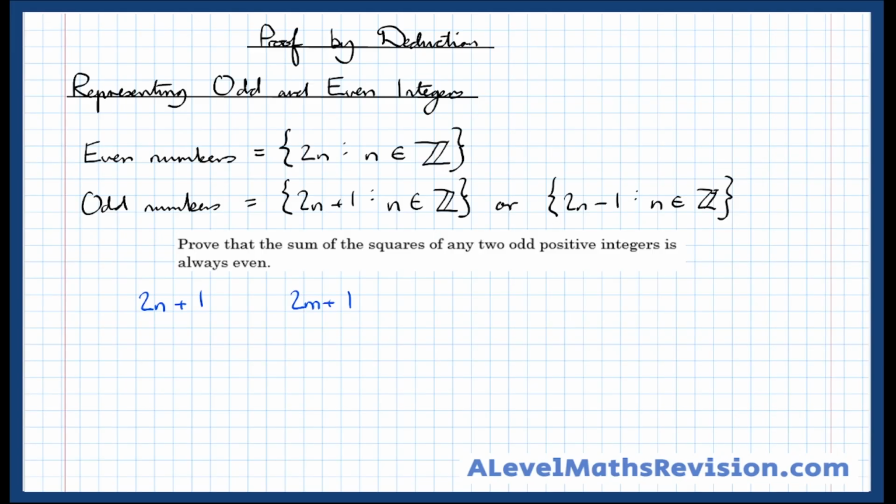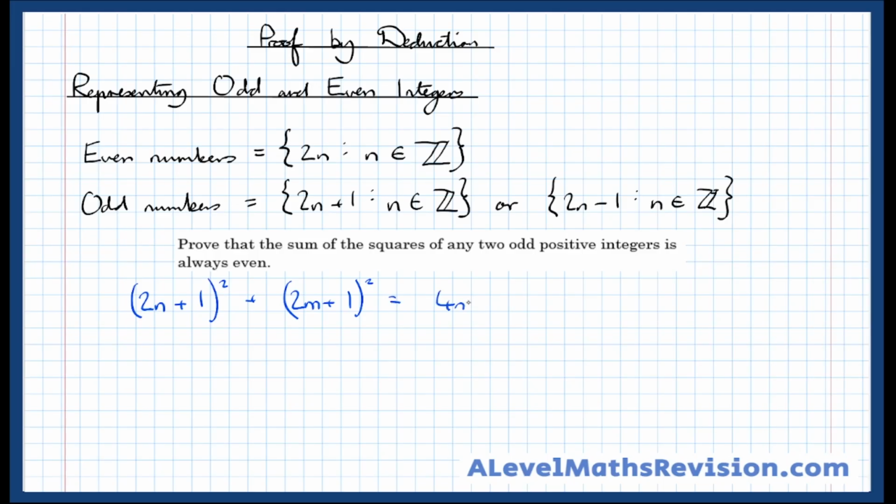So now it's saying prove that the sum of their squares is always even. Find the sum of their squares, pause the video, and have a go yourself. So squaring and summing these integers, we're multiplying the brackets out, and you can use a grid method or do it in your head.